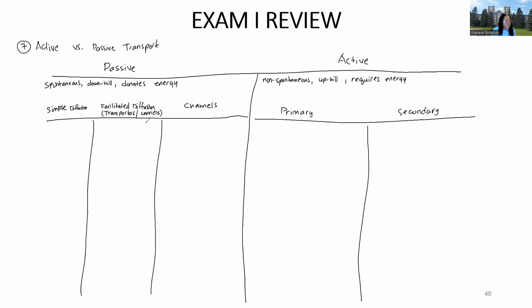So for simple diffusion, we said that this was based on the concentration gradient. We needed to have a concentration gradient for simple diffusion to occur, right? We also said that the magnitude of the driving force, the surface area exposed, and then the membrane permeability were the factors that affected the rate of simple diffusion.